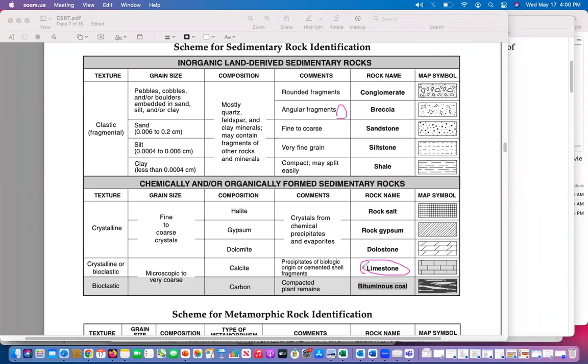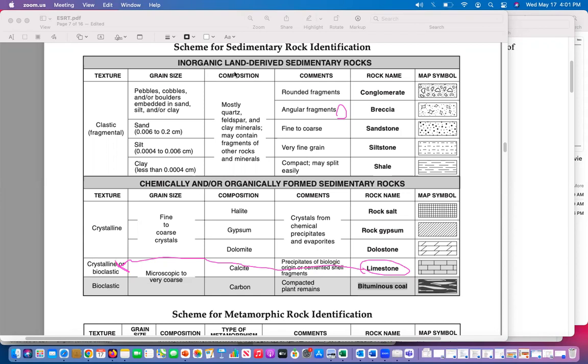And what type of rock is limestone? When I take a look, limestone can either be a bioclastic or a crystalline rock. So it's either a rock that was made with animal remains, or some sort of remains of organisms like shells, or it's made from the evaporation of seawater, and the crystals that are left behind.